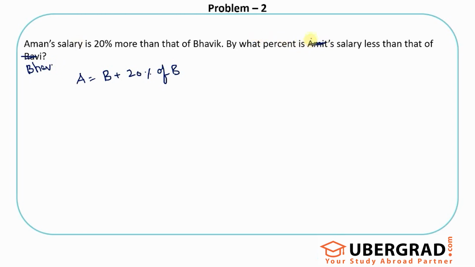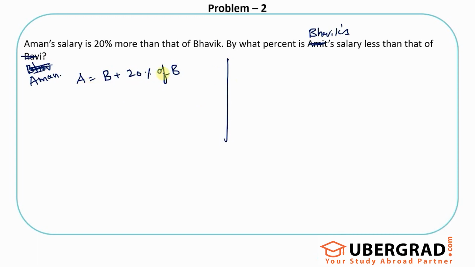This should have been, by what percent is Bhavik's salary less than that of Aman, right? That's the question. That should have been the question actually. So Aman's salary is 20% more than that of Bhavik. By what percent is Bhavik's salary less than that of Aman, right?